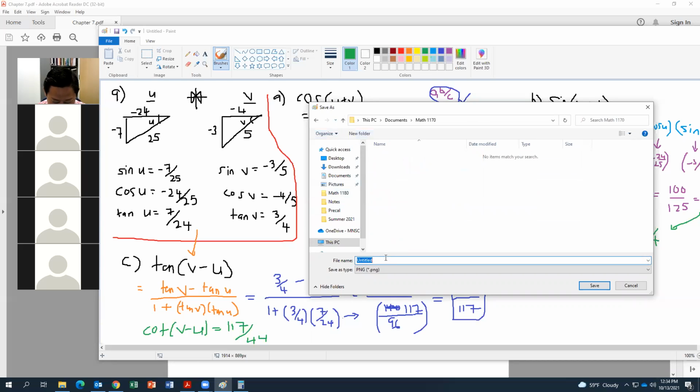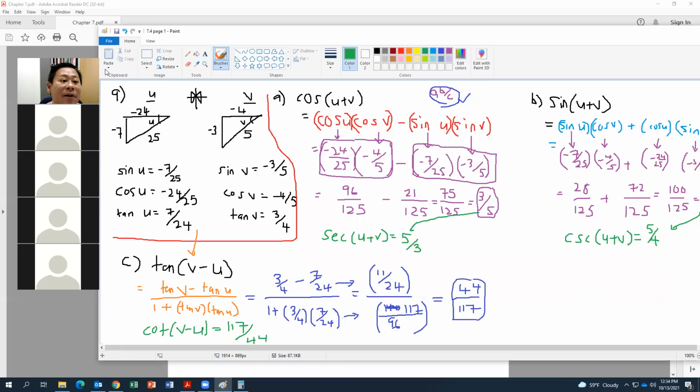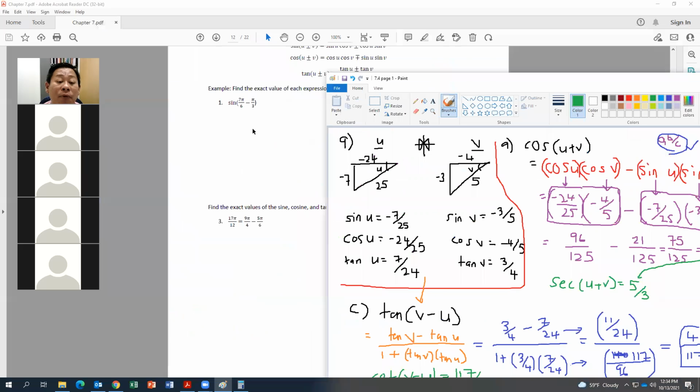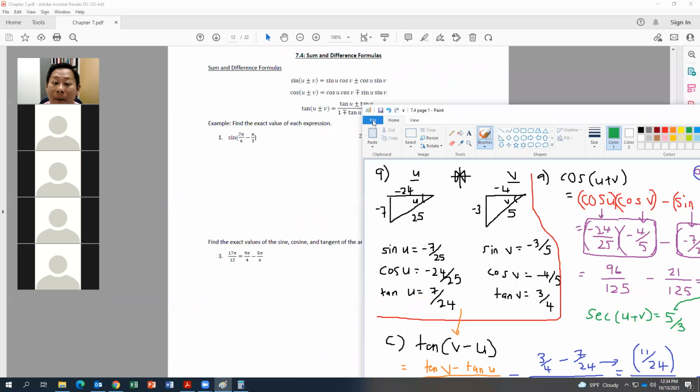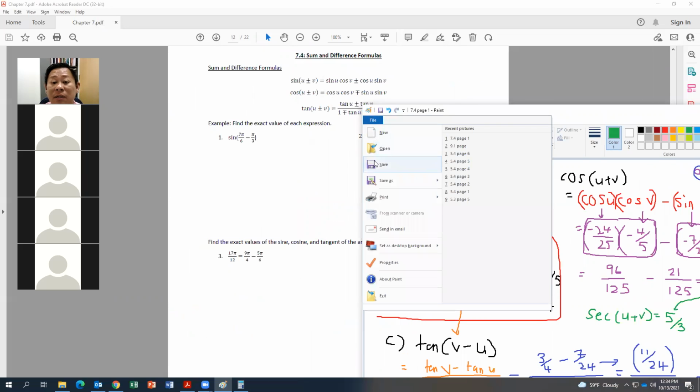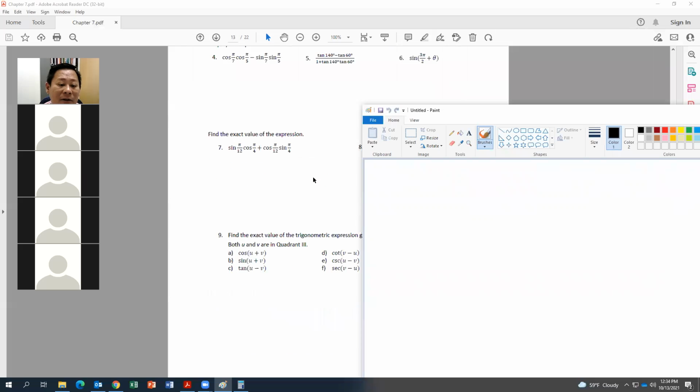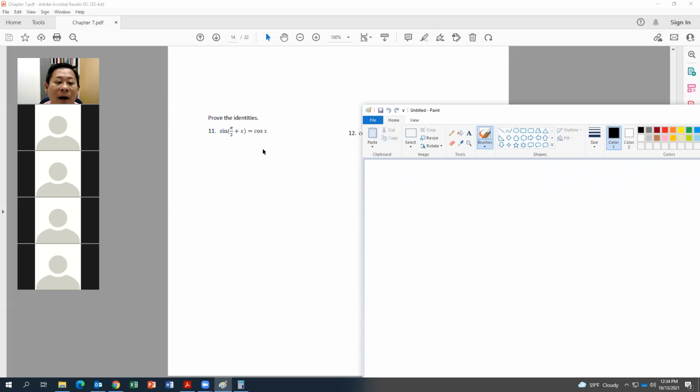Next we're going to prove some identities. Yep, we're going to start proving identities. Proving identities, we are using these 3 formulas and your basic formulas that you learned previously. Let's take a look.